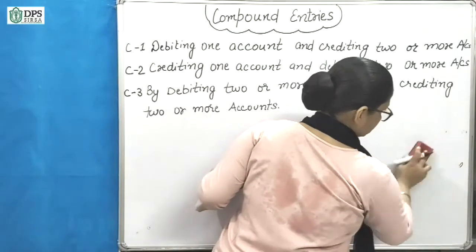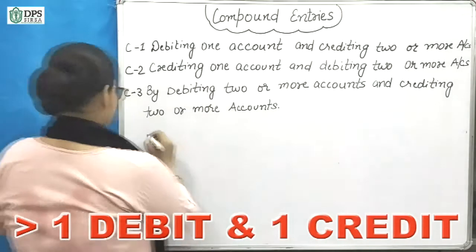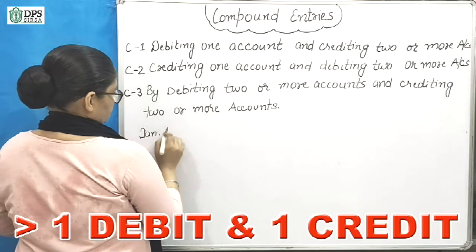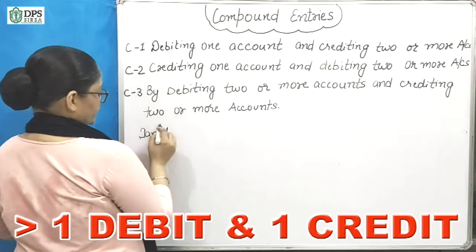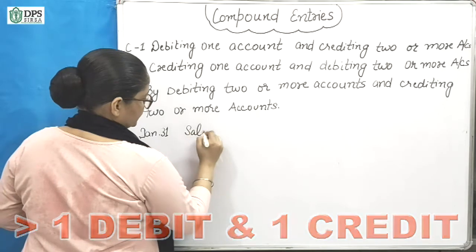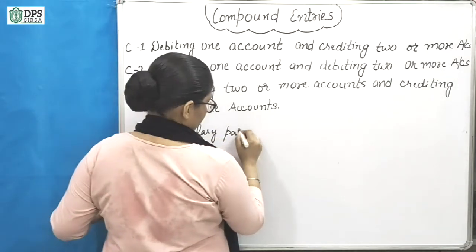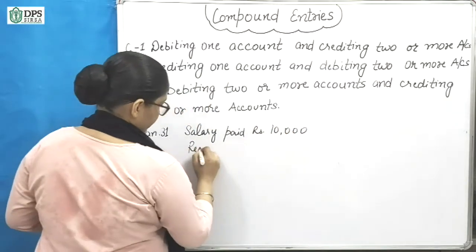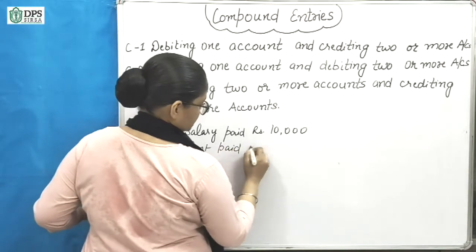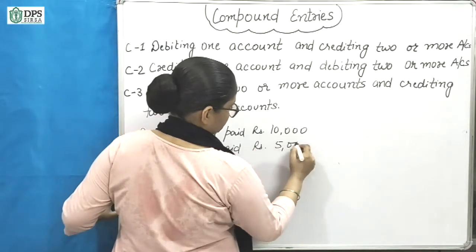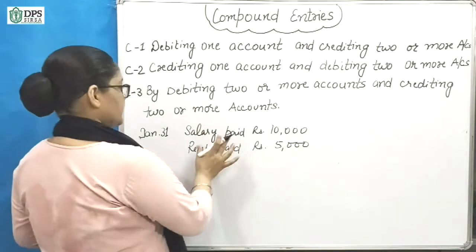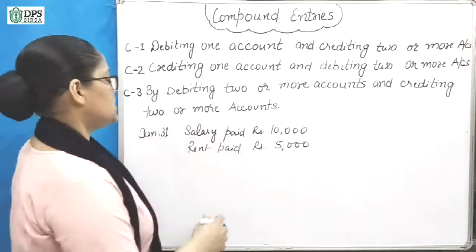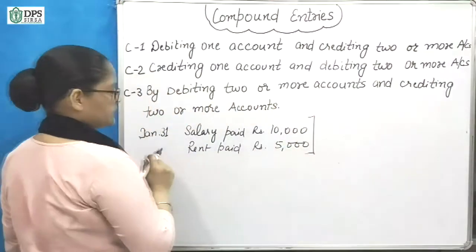Suppose on January 31st, we are paying salary paid rupees 10,000 and rent paid rupees 5,000. These are the transactions we have given for January 31st. Now we will do the journal entry of this.